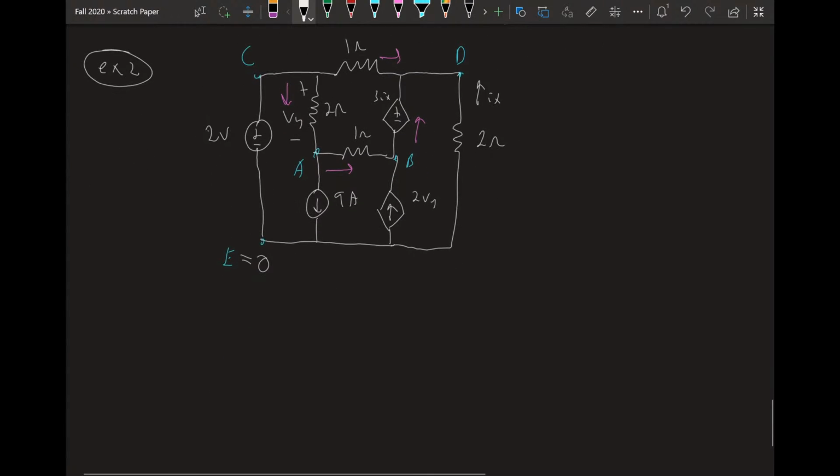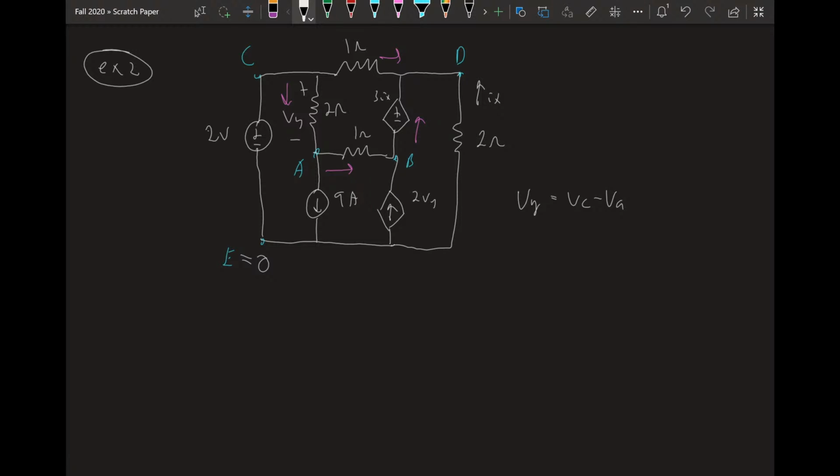Before we get started, let's write our dependent sources in terms of node voltages. So what do I mean by that? Well, this current source over here has its dependent term as Vy. And I want Vy to be in terms of our nodes, A, B, C, and D. Looking at Vy up here, we can define that Vy equals Vc minus Va.